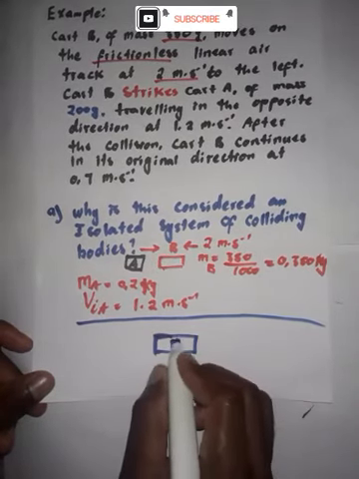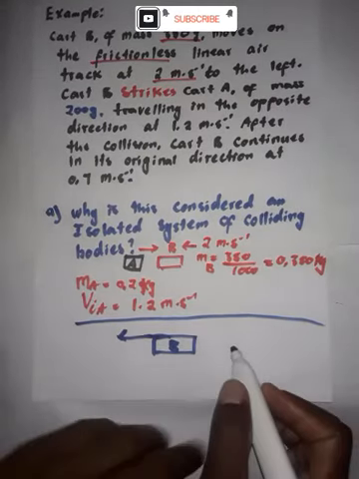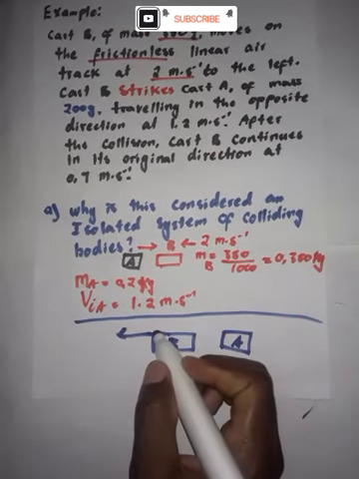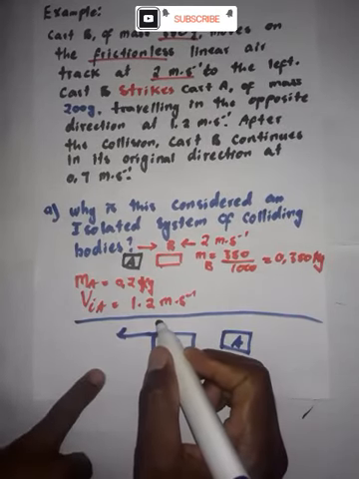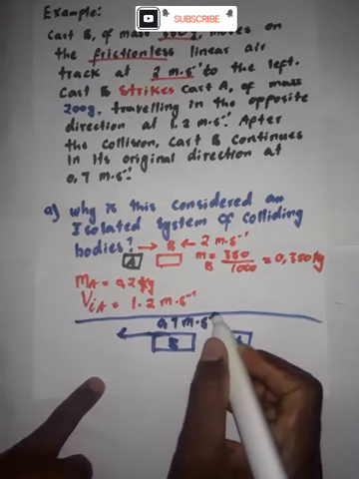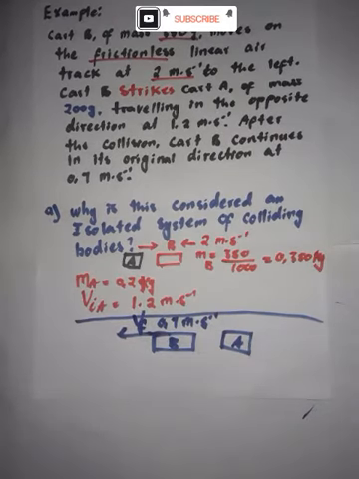B is still moving in this direction, but we don't know about A. B is still moving in this direction with 0.7 meter per second. So that's the velocity final for B. But we don't know the velocity final for A. So that's what we're going to try to calculate.